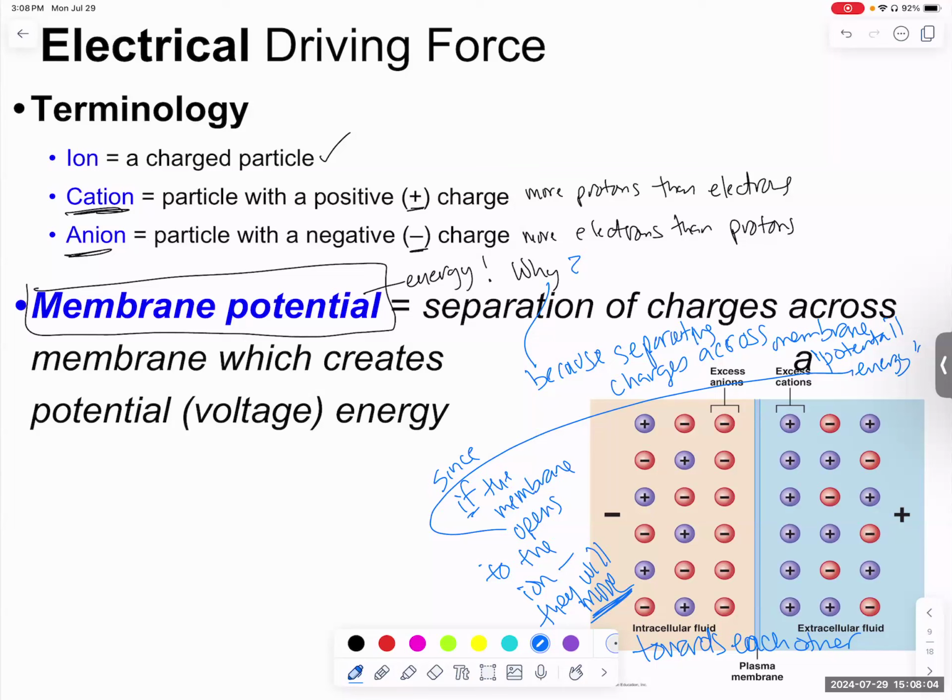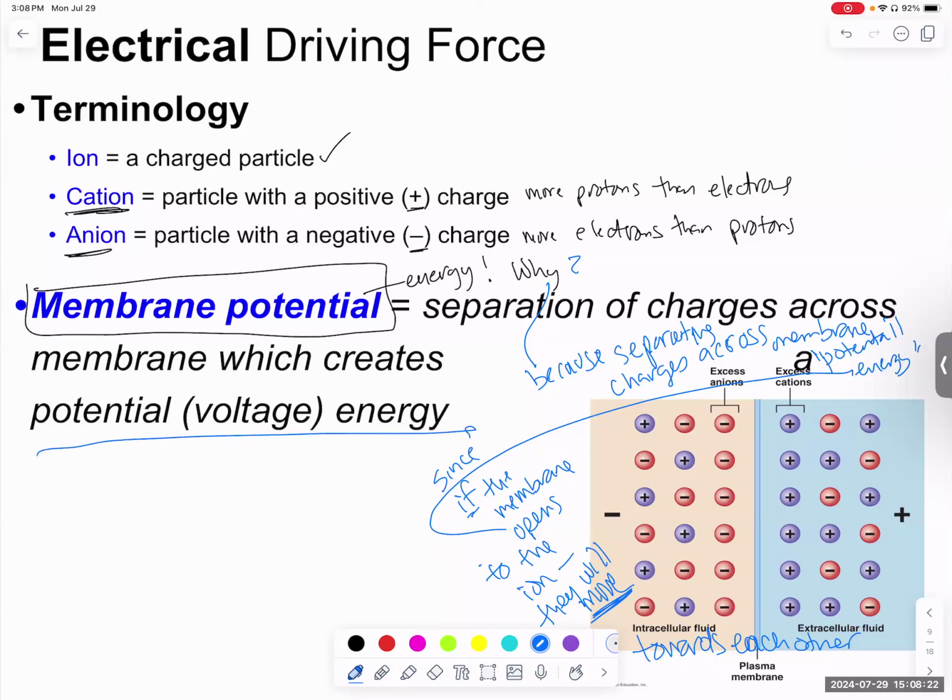Those ions moving is essentially the electrical currents in your body. And so membrane potentials is the amount of current that can be generated if those ions are allowed to move.